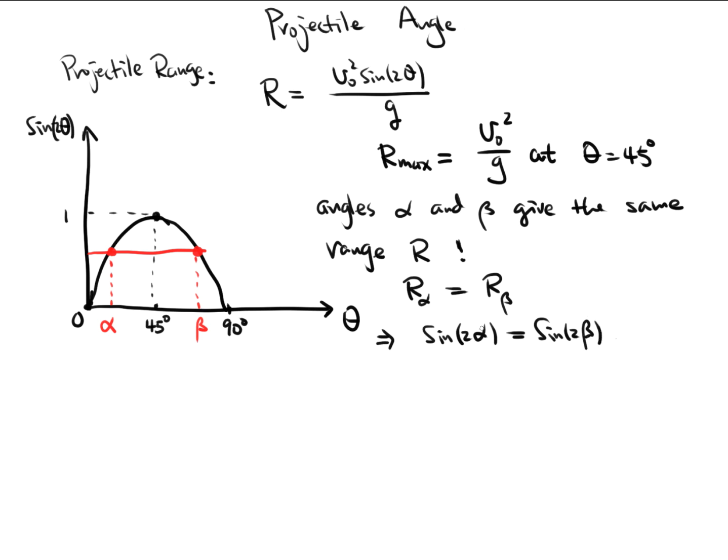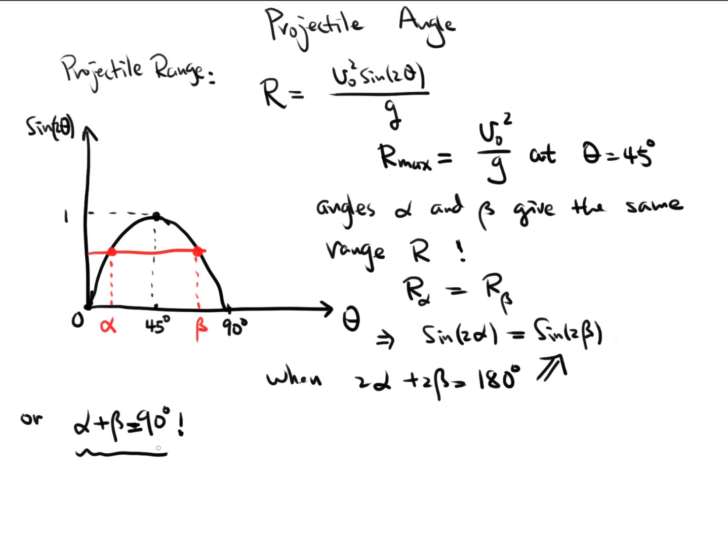Now this is only possible when 2 alpha plus 2 beta equals 180 degrees. If this happens, then the sine functions of these two angles are equal. Or we can say alpha plus beta equals 90 degrees. So that's the relation between these two angles that give us the same range.